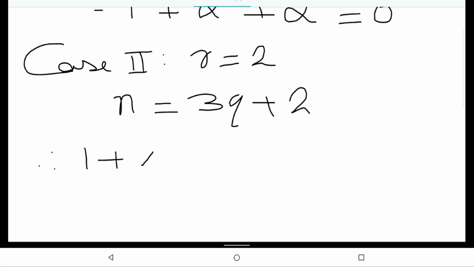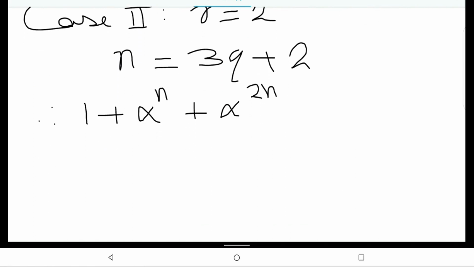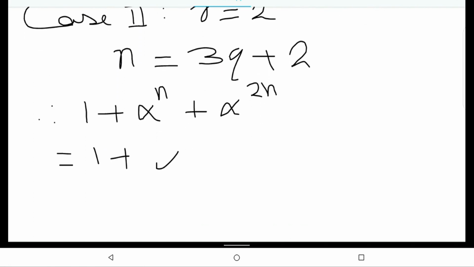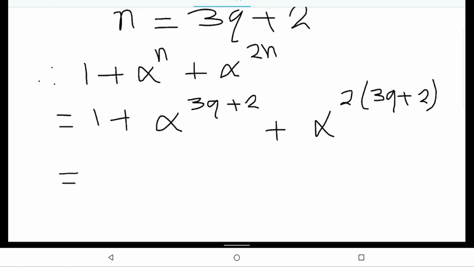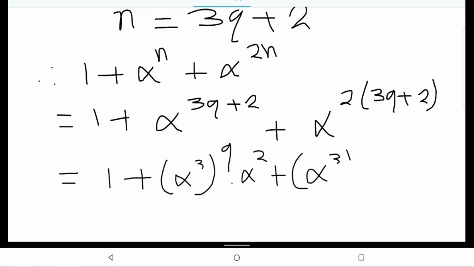Therefore, 1 plus alpha to the power n plus alpha to the power 2n equal to 1 plus alpha to the power 3q plus 2 plus alpha to the power 2 times (3q plus 2). Again, by law of indices, that is equal to 1 plus alpha cube to the power q into alpha square plus alpha cube to the power 2q into alpha to the power 4. 2 into 2 equal to 4.